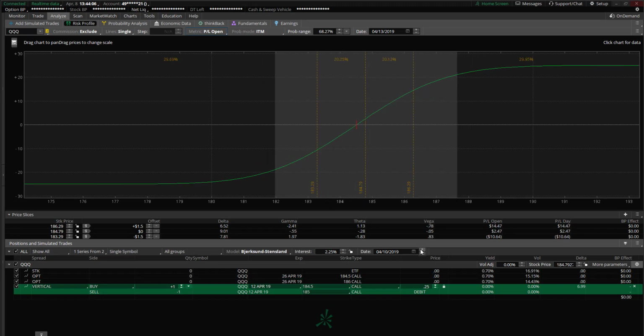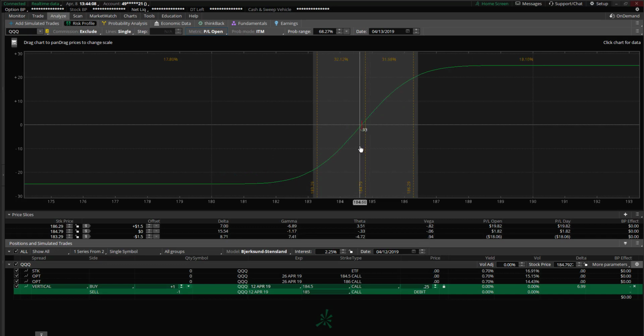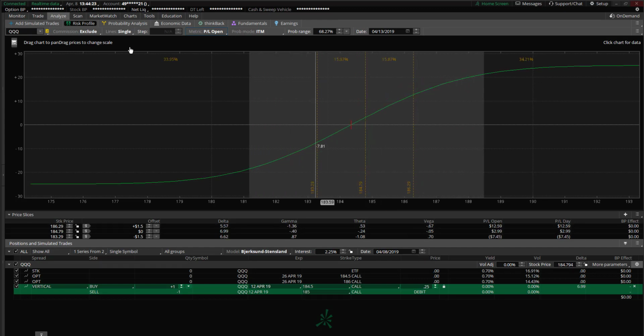And again, as we move through time, what we could make or lose changes because there would be less time left in there. The Greeks would be applied differently. There's less volatility, right? So setting it on single can be useful, especially if you're not looking to see the P&L at expiration.